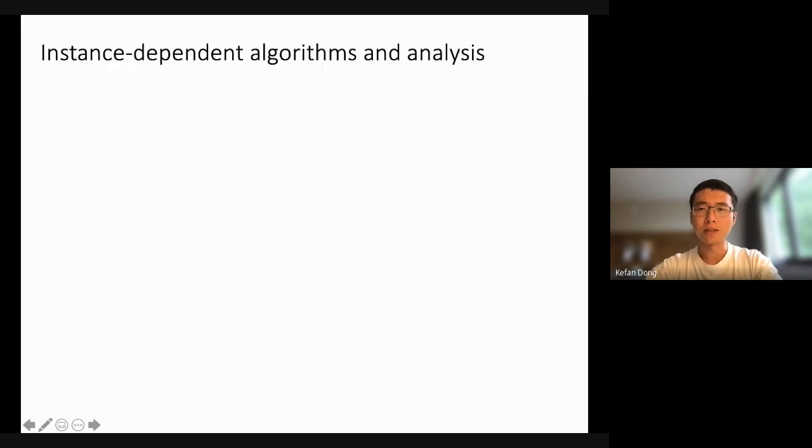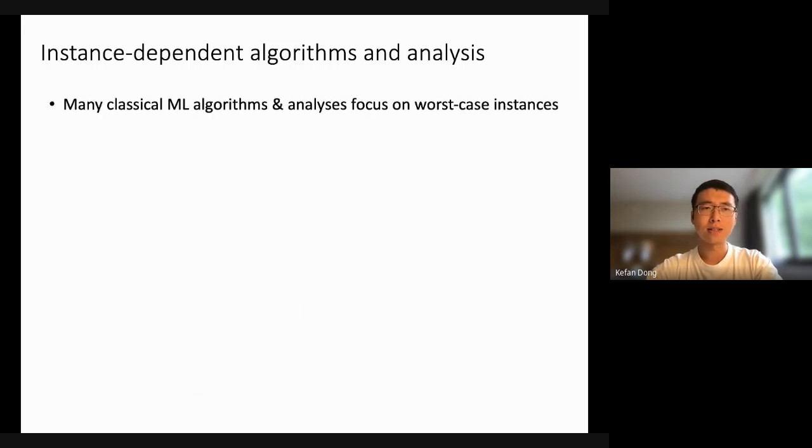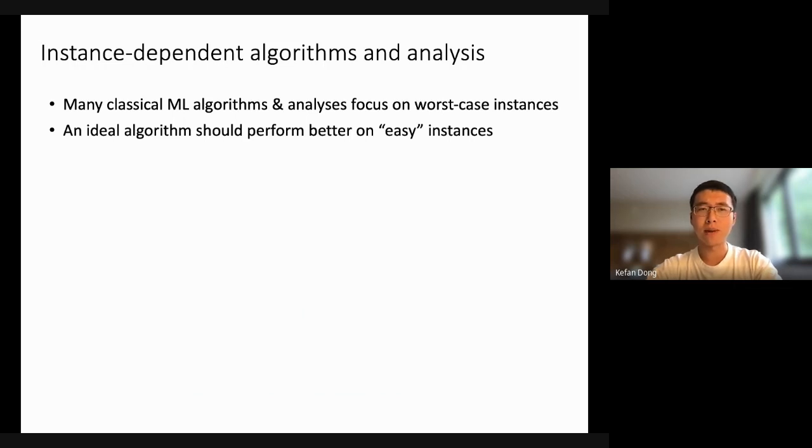So let me start with some motivations for instance-dependent algorithms. Many of the classical machine learning algorithms and analysis focus on the worst-case instances. However, an ideal algorithm should perform better on easy instances, and this means that the regret or the error should depend on the instance.